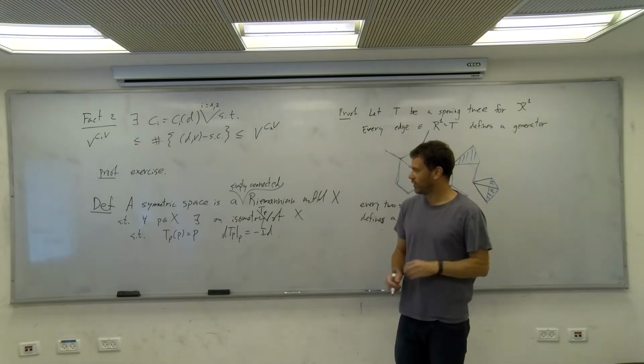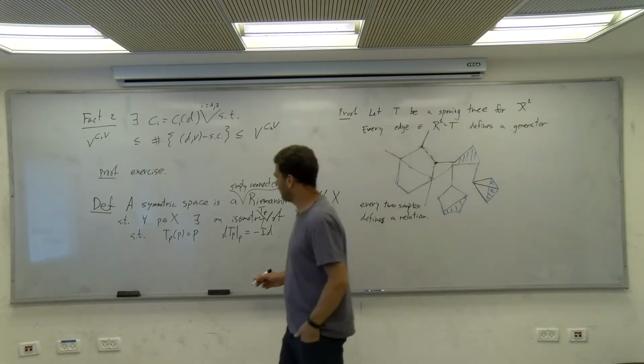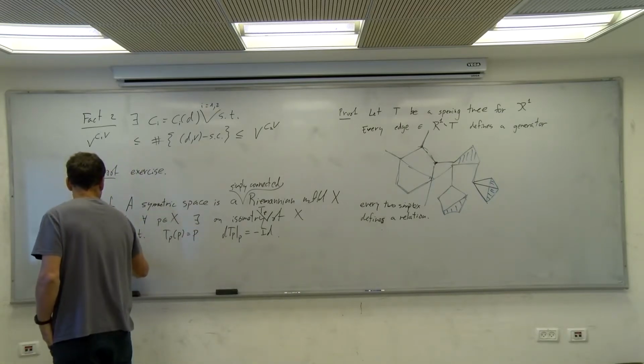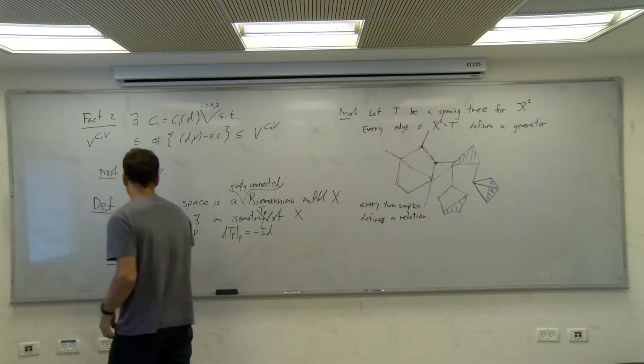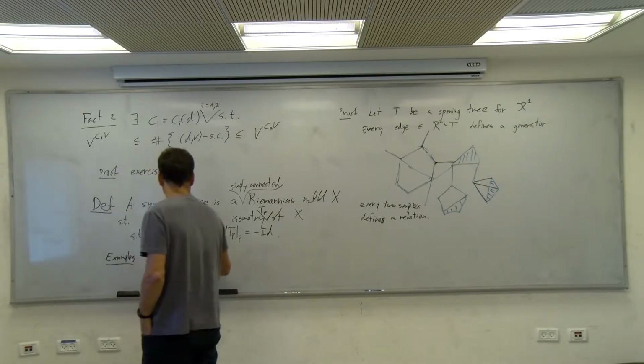There is this Hadamard theorem which says that, okay, maybe just examples first. The first three examples are R^n, S^n, and H^n.